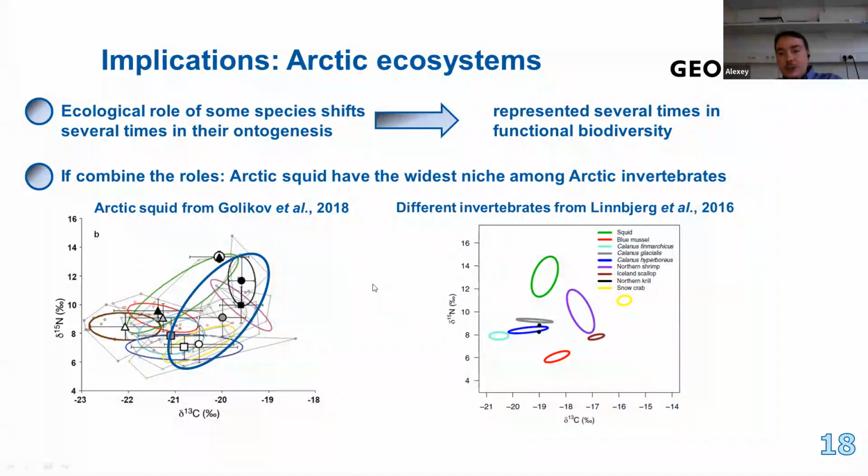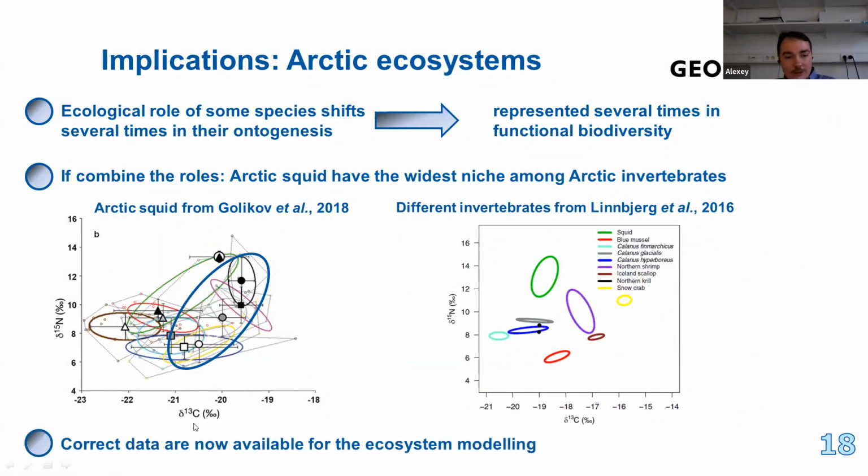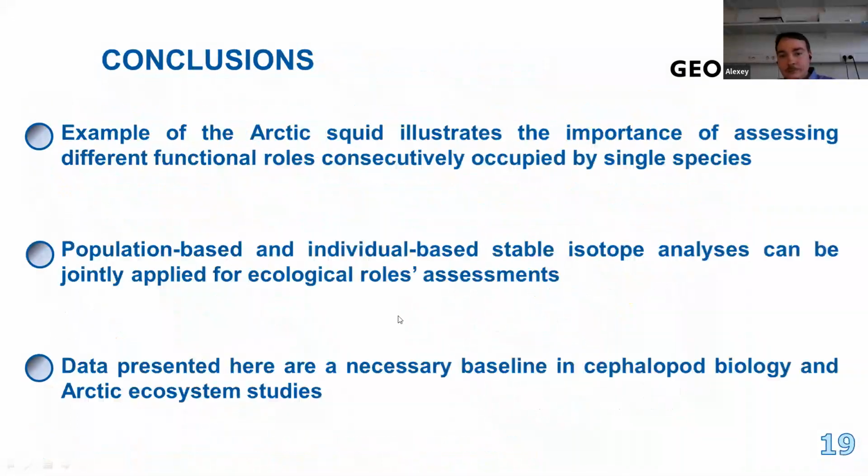So species who change their ecological role several times, of course, have very wide isotopic niches, unlike those who do not change their ecological role so actively. And now we also have correct data for future ecosystem modeling, at least for our example species.